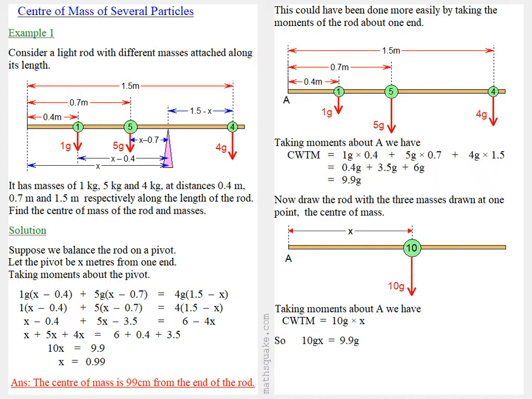So that gives us 10gx is equal to 9.9g. And if we cancel the g's, we get 10x equal to 9.9. Well, if we divide by 10, that gives us x is equal to 0.99 meters. And so we get the same answer. The centre of mass is 99 centimeters from the end A.